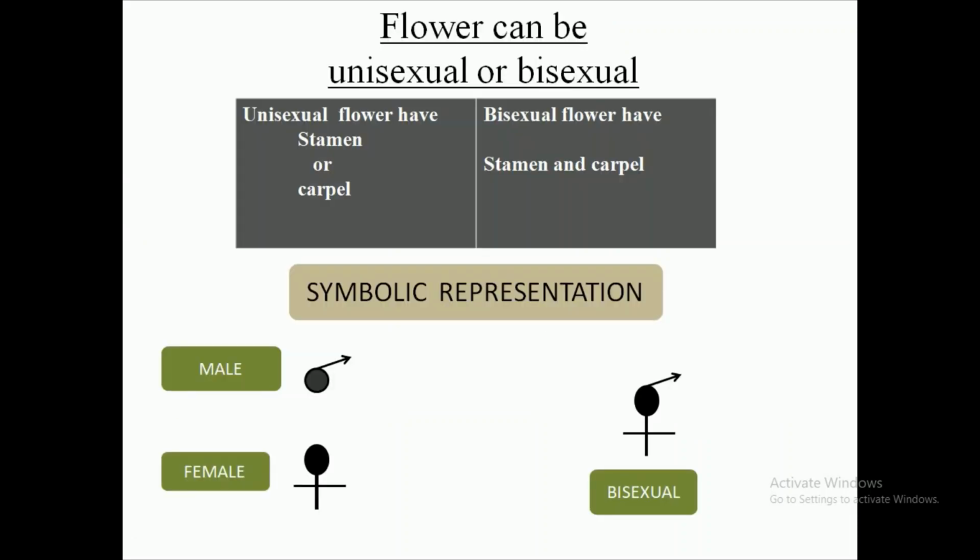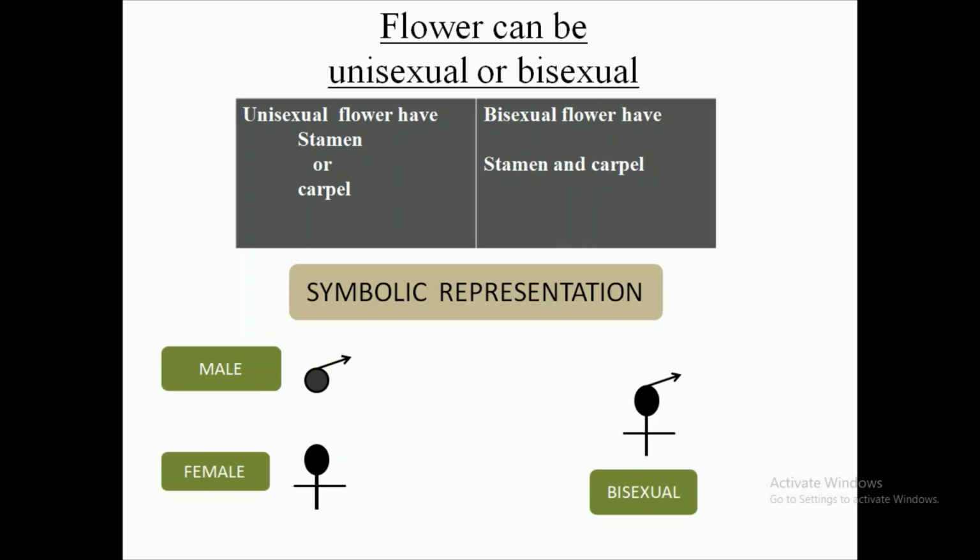If a flower is unisexual, it means the flower can have either stamen or carpel. And when we say it is a bisexual or hermaphrodite flower, we are saying that stamen and carpel are present in the same flower unit.